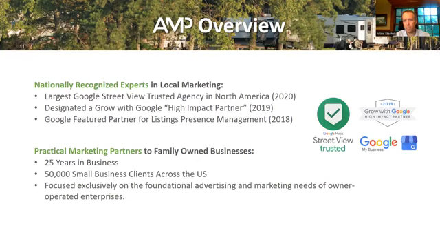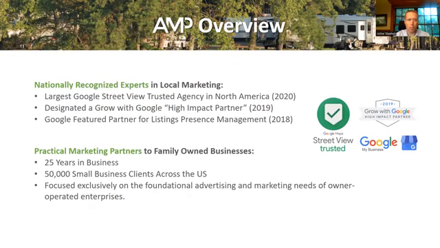Three quick bullet points on our business. We're highly credentialed, and I want you to know that I'm sharing true best practices. In 2018, we were designated a Google featured partner for listings presence management. In 2019, we won the coveted High Impact Partner Award for the Grow with Google program, which is basically a small business educational program that Google sponsors.